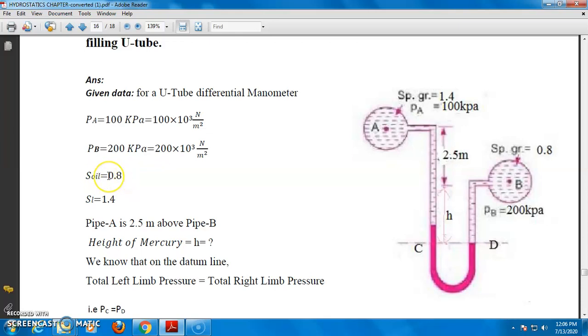The density of the liquid is 1.4 into 1000, that is 1400 kg per meter cube. The specific gravity of mercury is 13.6, so its density is 13.6 into 1000, that is 13,600 kg per meter cube.